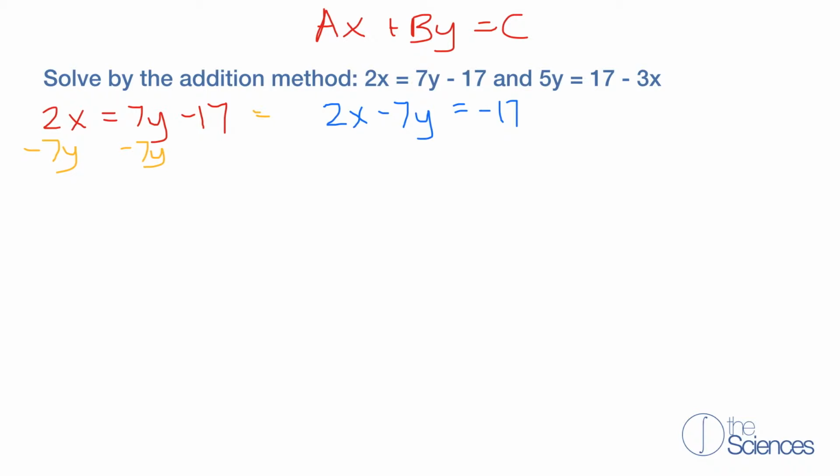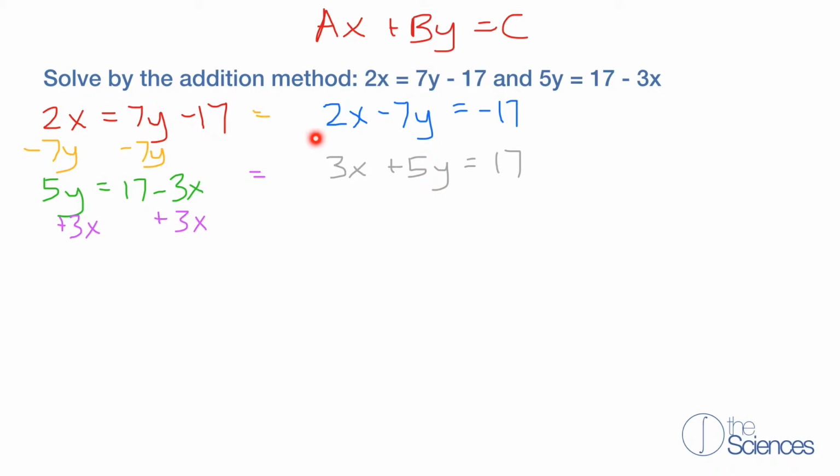So for our second equation, we have 5y equals 17 minus 3x. So to get it in the form of ax plus by equals c, we're going to add 3x to both sides. So now when we do this, we get 3x plus 5y equals 17.